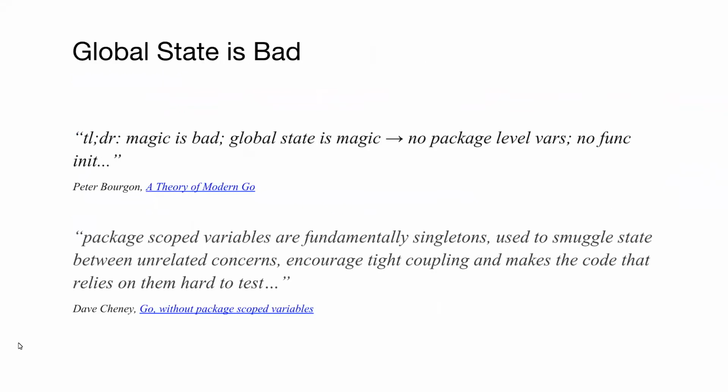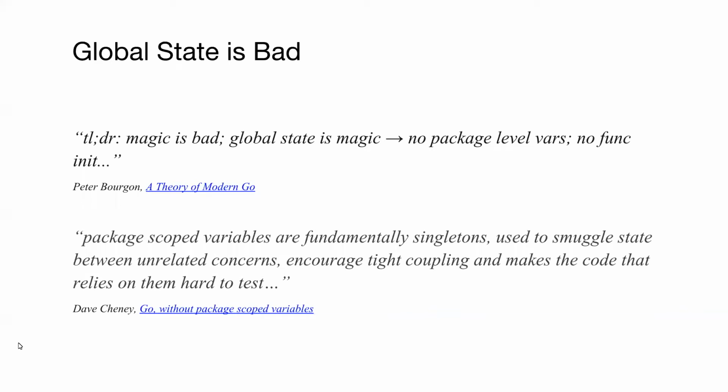There are some quotes from recent articles written by thought leaders in the Go space, both from 2017, in which we see that there's actually kind of a movement in the Go ecosystem to somehow avoid using global state. Why is this the case? Basically, the idea is that global state hides things. You have dependencies that are not explicit, meaning that when looking at the signature of a function, it's not possible to really understand how this function interacts with other parts of your program.